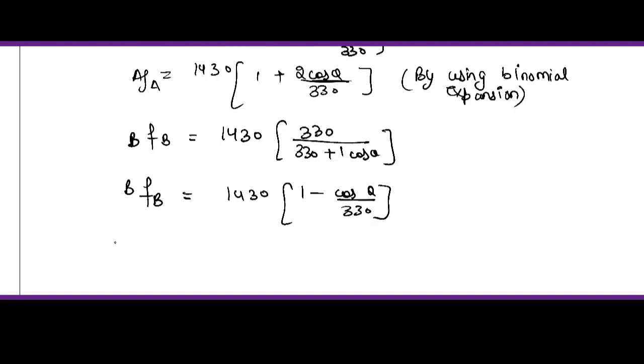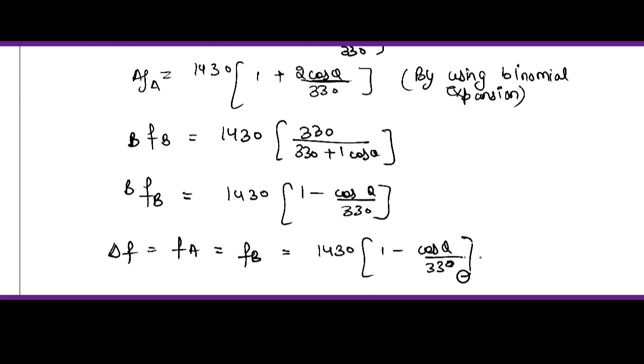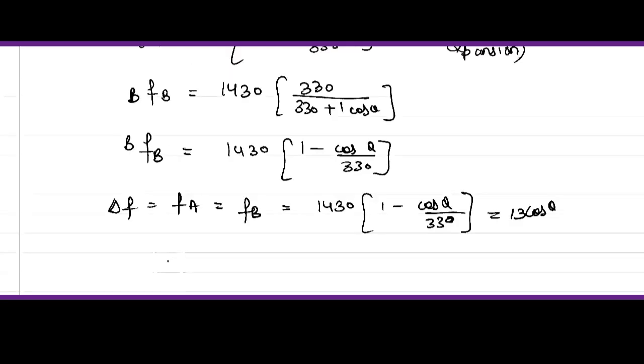So from this we get the change in frequency, f_A minus f_B, which is equal to 430 times (1 minus cos theta) over 330, which equals 13 cos theta here, and we have cos theta is 5 by 13.